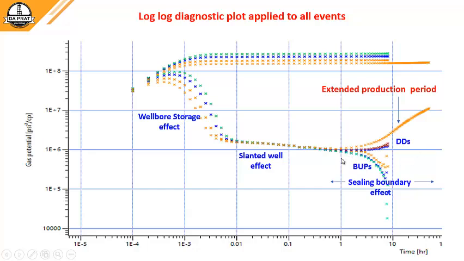So, more practically or visually speaking, from this on, this is a sealing boundary type of effect. It's not a fault, it's not a discontinuity, because it's confirmed by this tendency here.